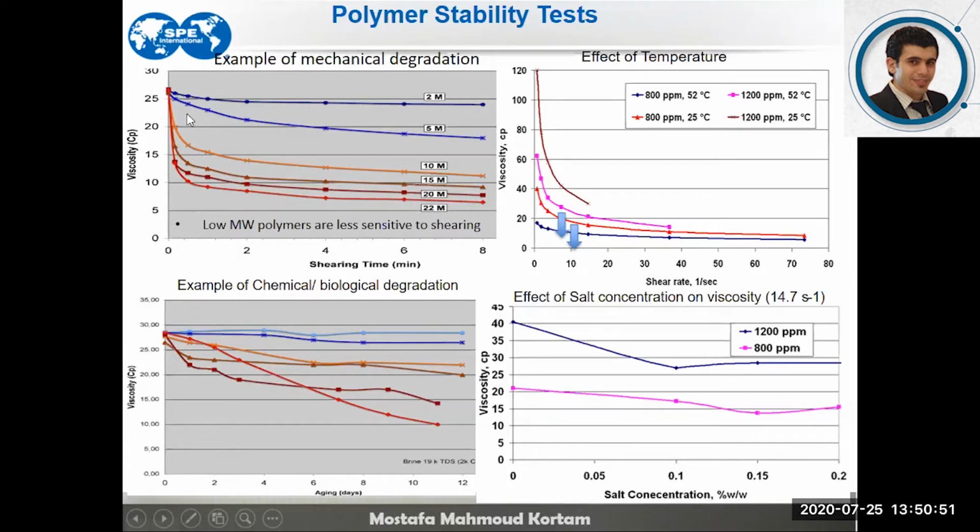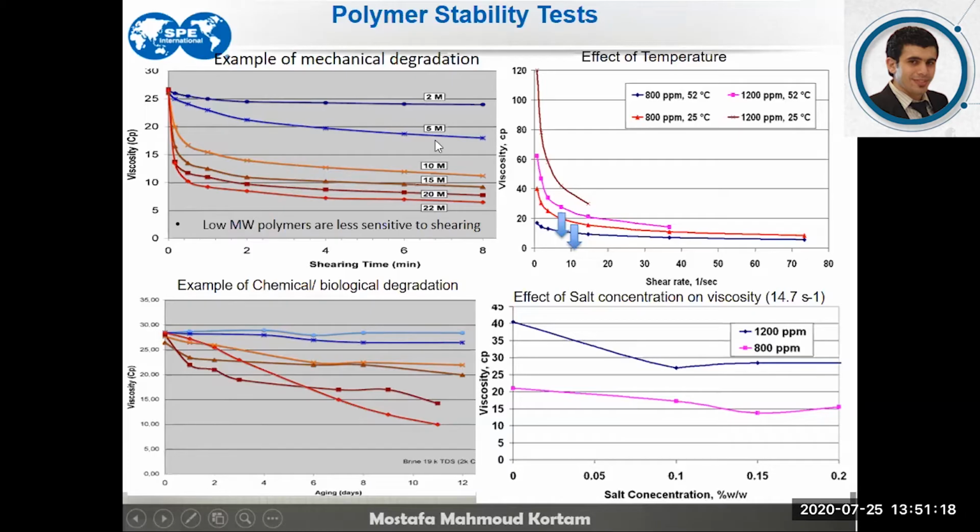So by the time of the test you may expect some degradation in the polymer. The higher molecular weight shows a great reduction and deterioration in the viscosity. So it's very sensitive. Conversely, the lower molecular weight is less sensitive and shows basically no change in the overall viscosity.